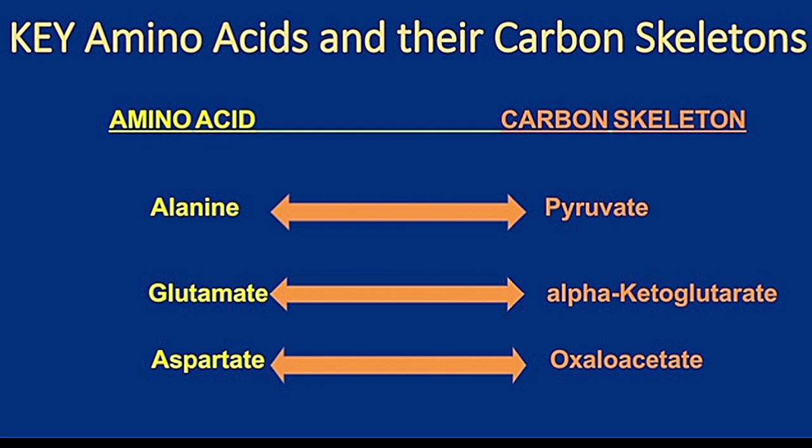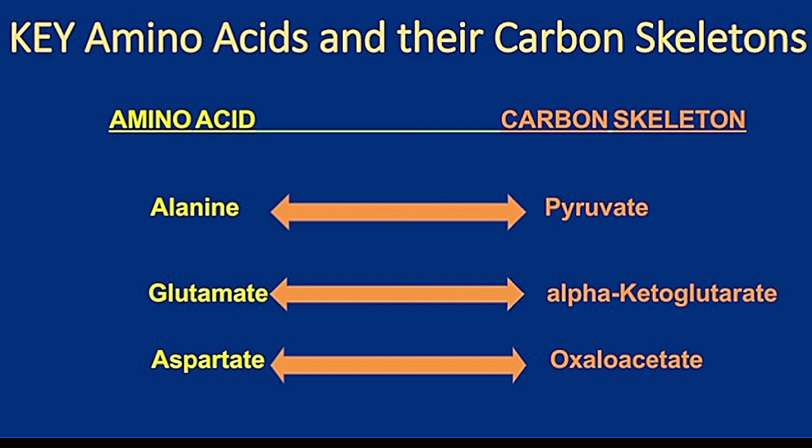The first one is that all 3 enzymes mentioned are reversible, and they can go in either direction. As such, they can be used to break down these 3 amino acids, or alternatively to resynthesize these amino acids from their respective carbon skeletons.